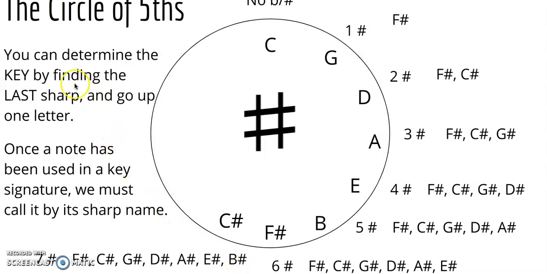So, to determine the key, you find the last sharp and you go up 1 letter. So if the last sharp and only sharp is F sharp, 1 letter up is G. If the last sharp is a C sharp, 1 letter up is D. So once a note has been used in a key signature, we must call it by its sharp name, which is why when we get down here to F sharp, we call it F sharp instead of F. And we can't use C again, so this is definitely C sharp.